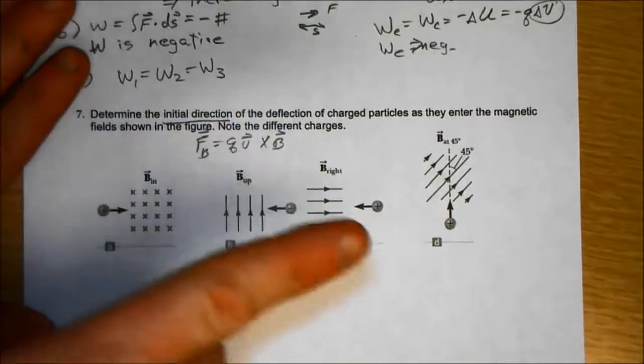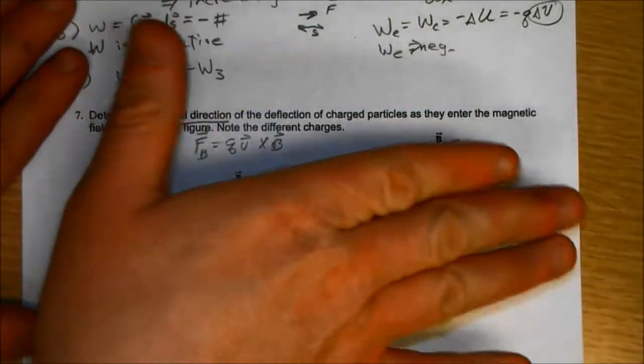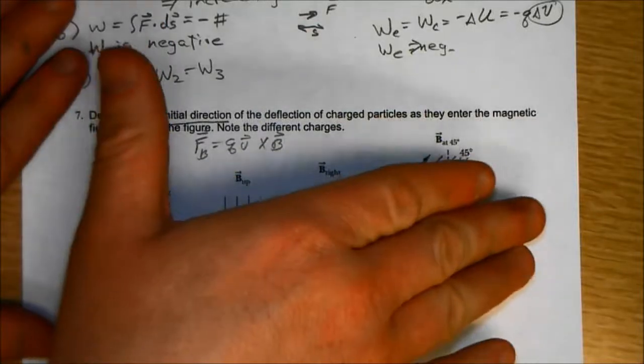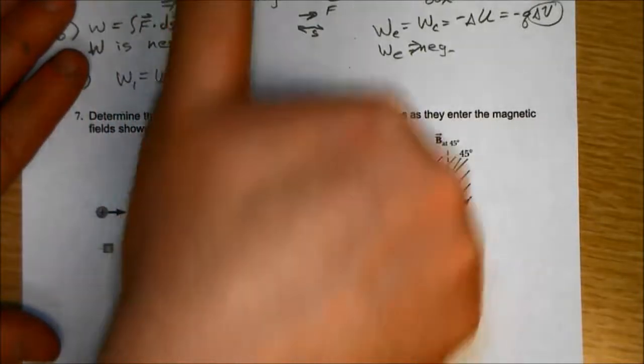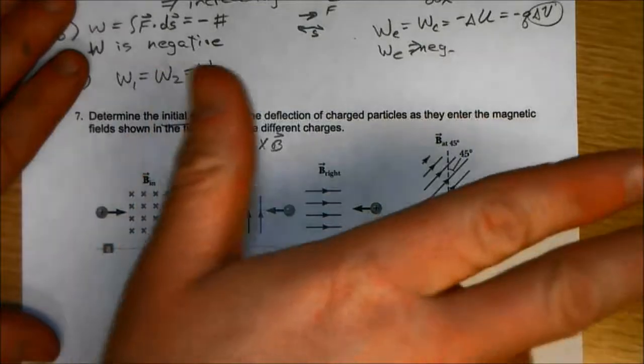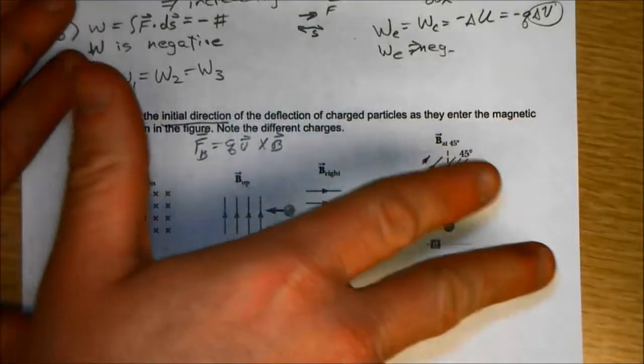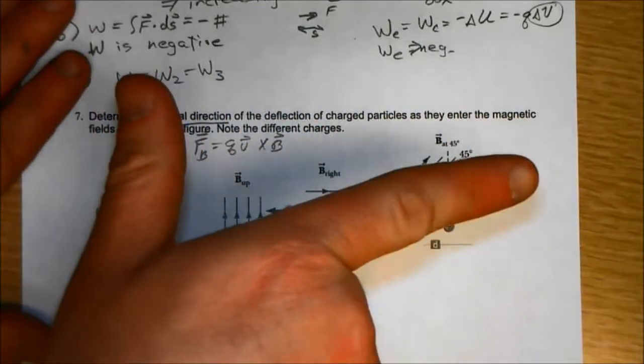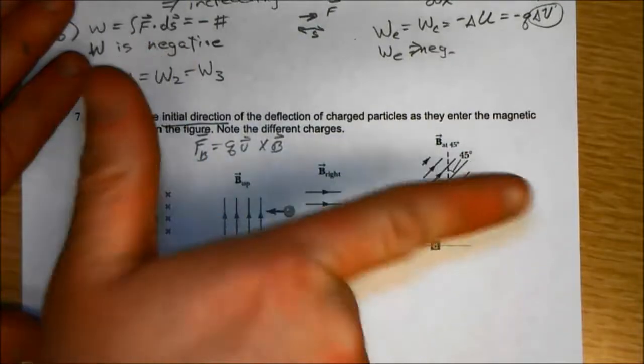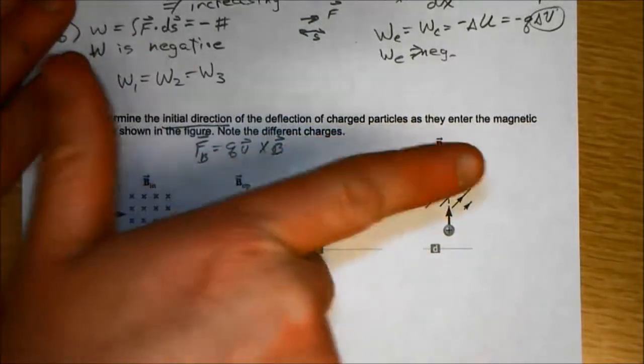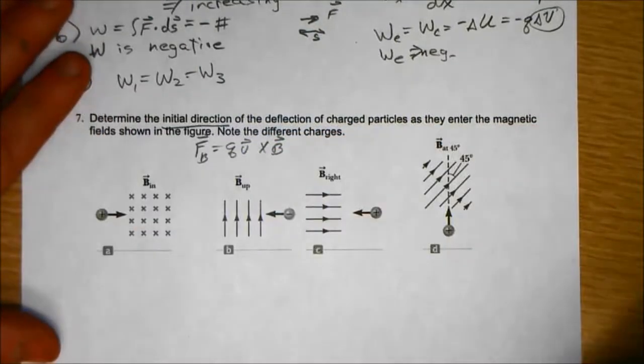So in case A, the velocity is to the right, the field is into the page, the force is up. If I use the two-finger method, velocity is to the right, the field is into the page, tapping with my middle finger, the force is up.